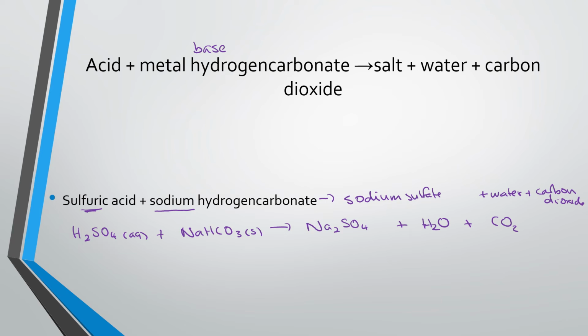Now our next stage is we need to balance. So I've got 2 sodiums on the product side. I've only got 1 on the reactant side, so I'm going to put a 2 down. I've got 1 sulfate on both sides. Then carbon, hydrogen and oxygen you balance alphabetically. 2 carbon, put a 2 here. 2 hydrogens plus 2 hydrogens is 4, put a 2 there, and 2 3s is 6 oxygens, 2 plus 4 is 6.